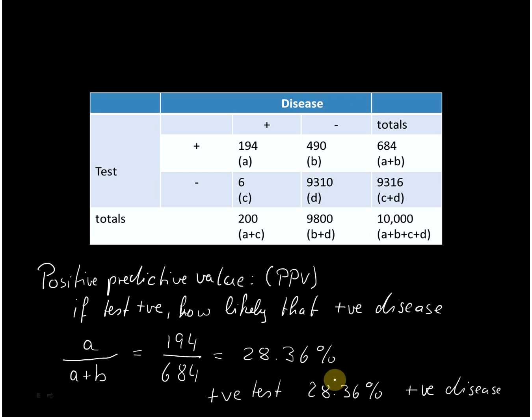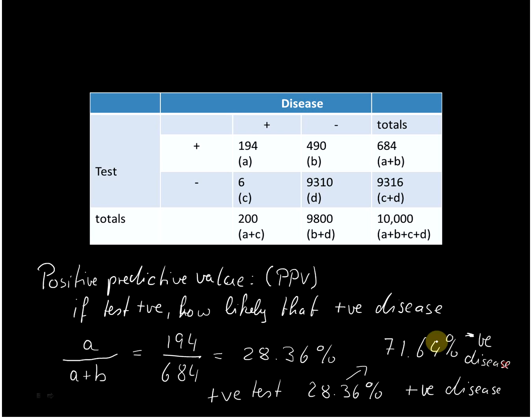Or, in other words, you can also say that if you test positive, there is a 71.64% chance that you don't have the disease, that you are actually negative for the disease.